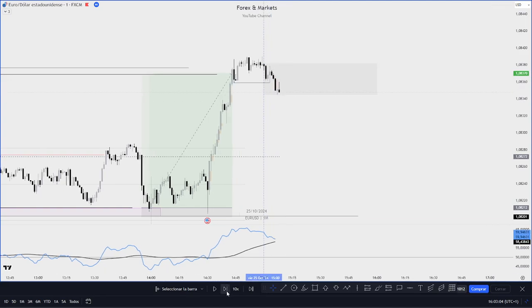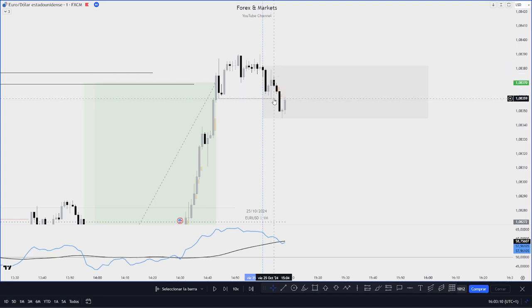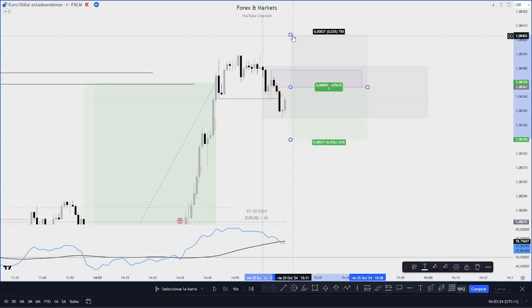Okay, so now the price goes down and we have an imbalance left here. So we could mark this POI like this. Maybe you could mark it like this if you want not to miss this trade, or you could cover your entry from this, covering this high.